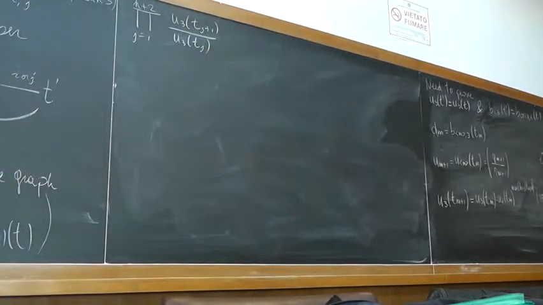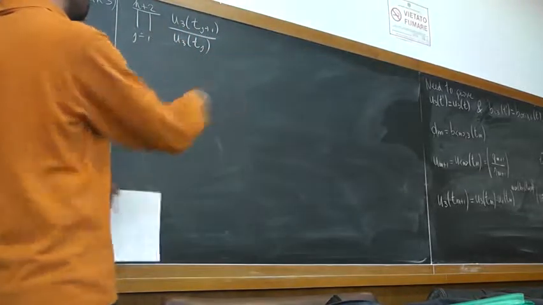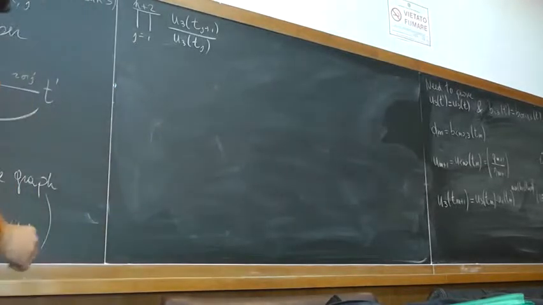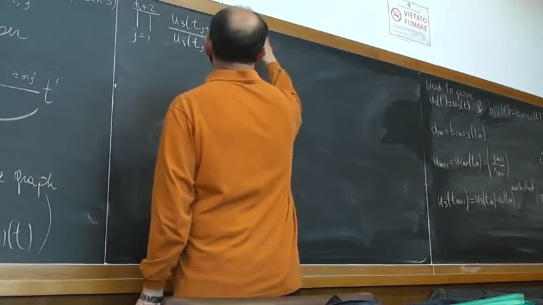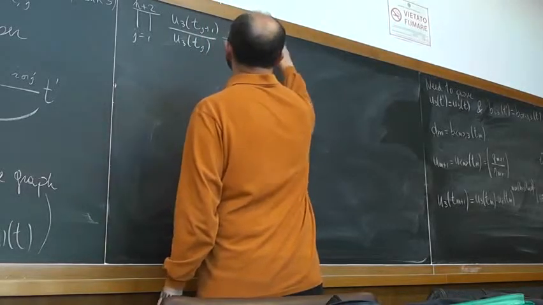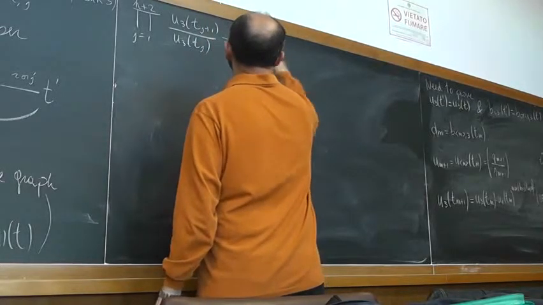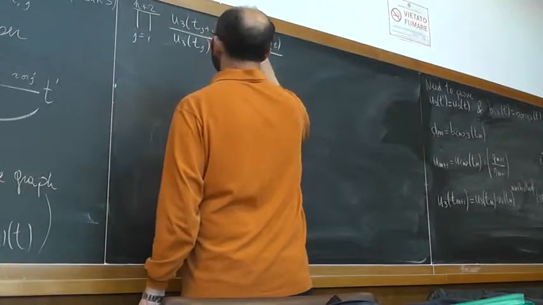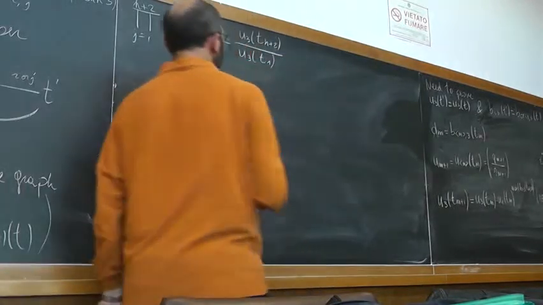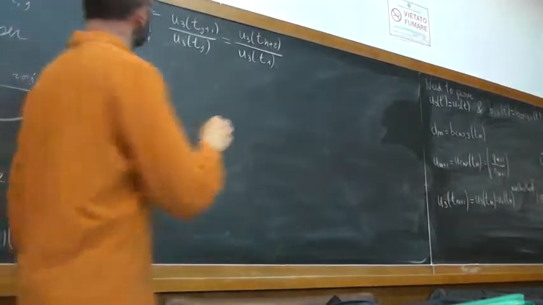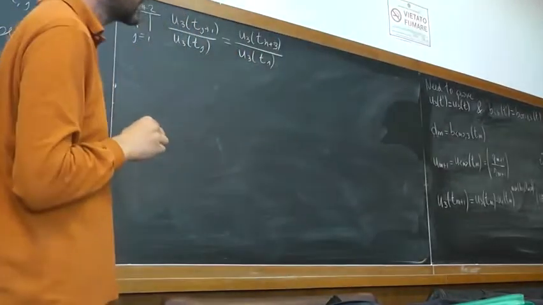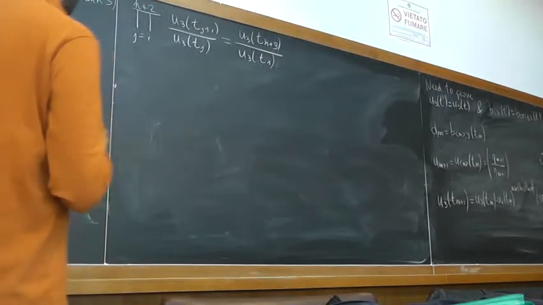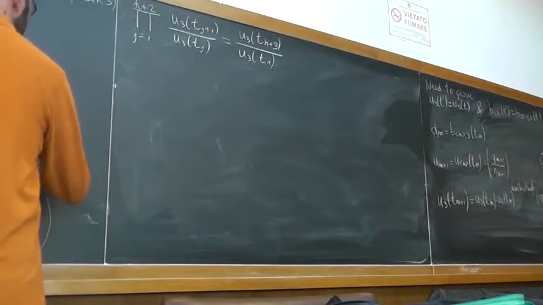Of course, this is like a telescopic sum. This is just u_3 of t_{h+2} divided by u_3 of t_1, t_{h+3}, and t_{h+3} is 3 prime.